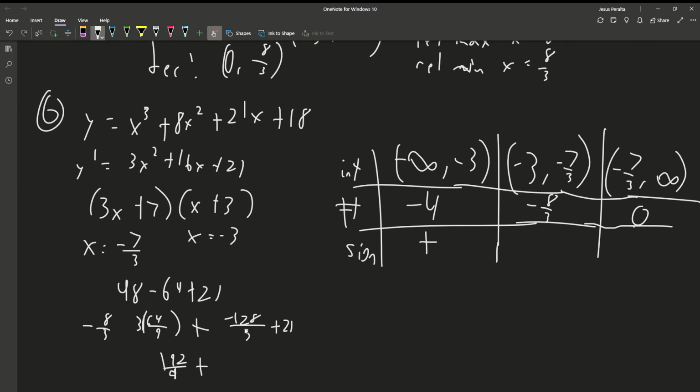So 192 over 9 simplifies to 64 over 3. So it would be 64 over 3 minus 128 over 3, which gives negative 64 over 3, plus 21 times 3, which is 63 over 3, and that would give us a negative.